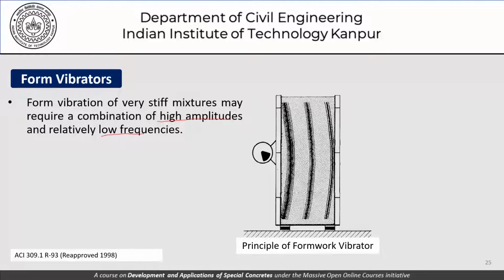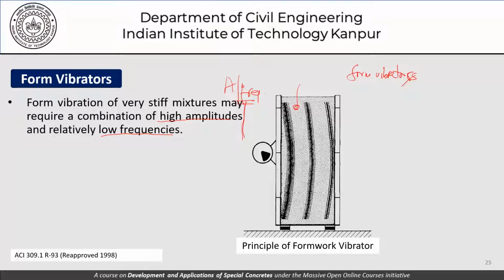So this is what we were talking about: finally, vibration is characterized by the amplitude and the frequency. And depending upon what kind of mixture is to be compacted, we need to have the right combination of amplitude and frequency.